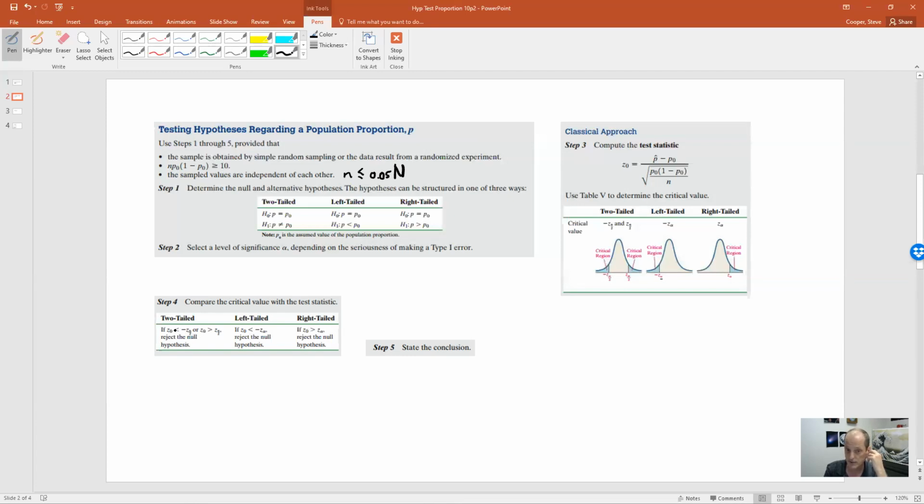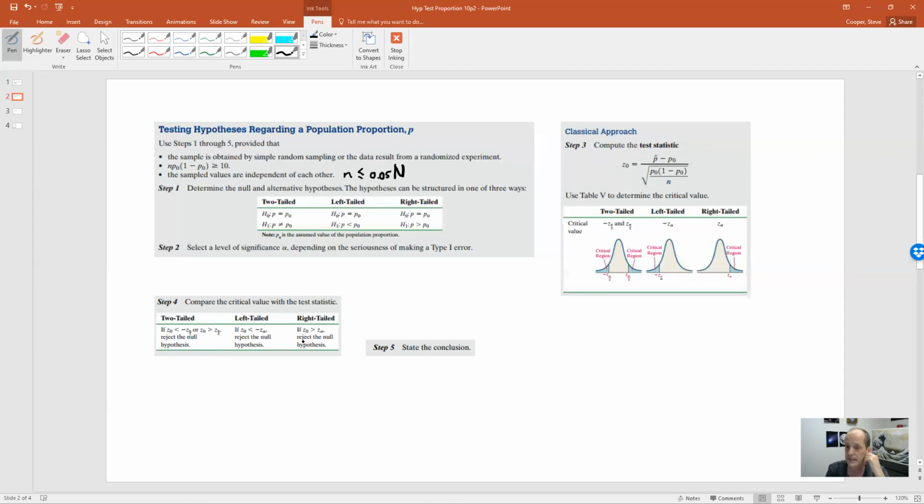So since a two-tailed test could go on either side, we have to test two conditions. Z0 is less than negative Z alpha over 2, or if it was greater, Z0 is greater than Z alpha over 2. Now obviously if Z0 is negative, it's probably not necessary to test whether it's greater than, because this is a positive number.